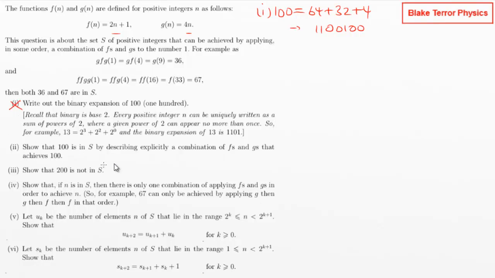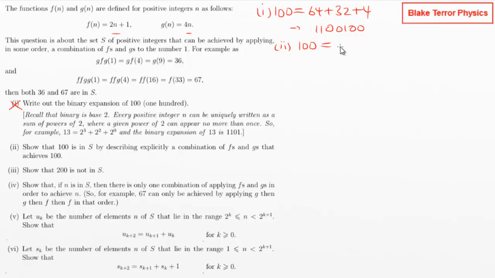Then we've got part 2. Show that 100 is in S by describing explicitly a combination of F's and G's that achieve 100. So how do we get to 100? Well, the only way we get to 100 is from G, isn't it? Because F's give us odd numbers, G's give us even numbers.